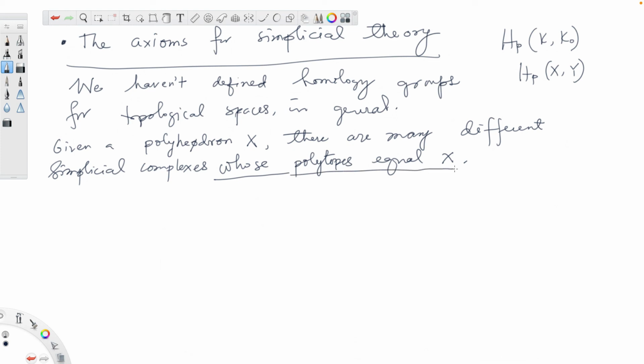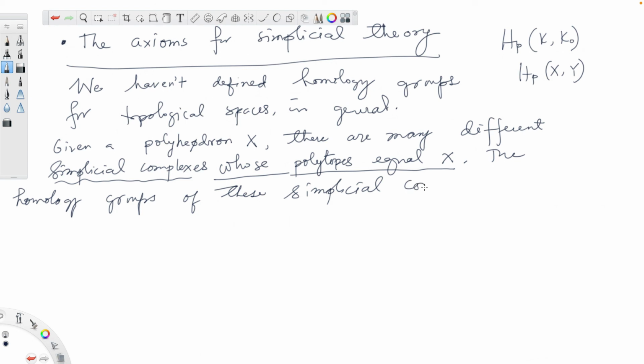Okay, the homology groups of these simplicial complexes are isomorphic to one another.